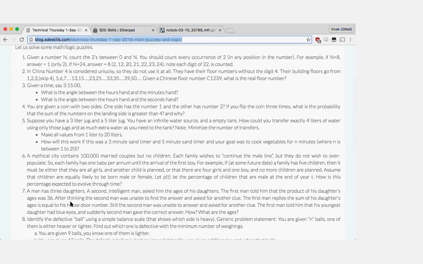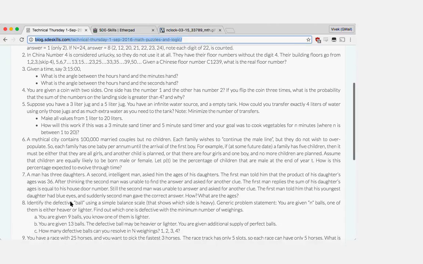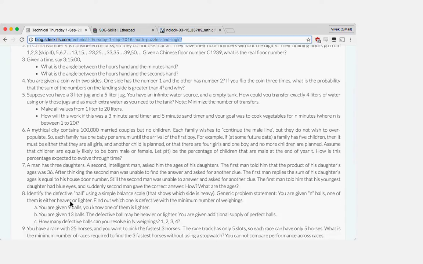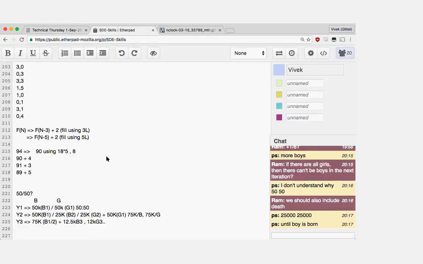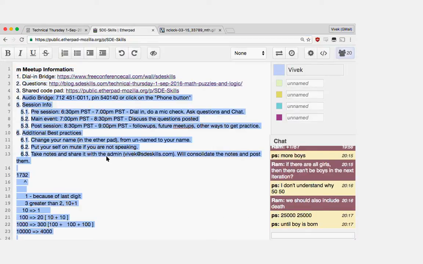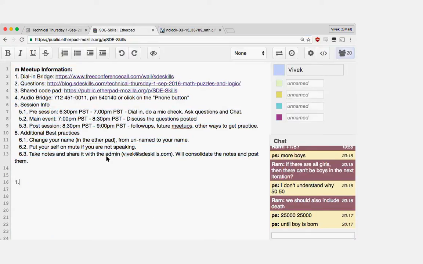7th question. A man has 3 daughters. A second man who's intelligent asks the ages of his daughters, and the first man says that the product of his daughters' ages is 36. So clue 1 is the product is 36.